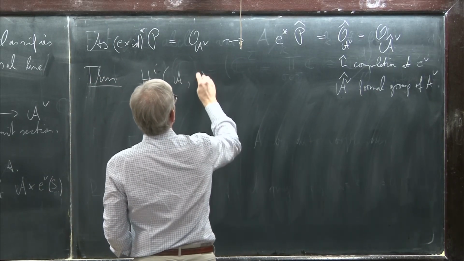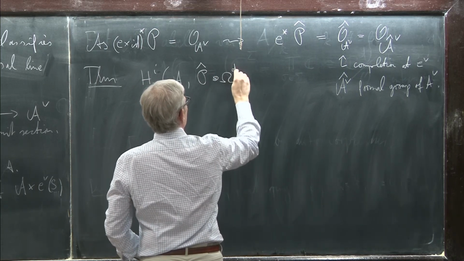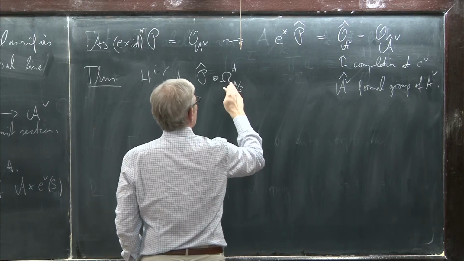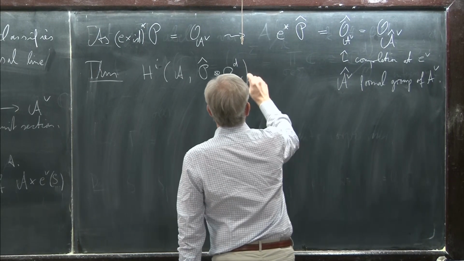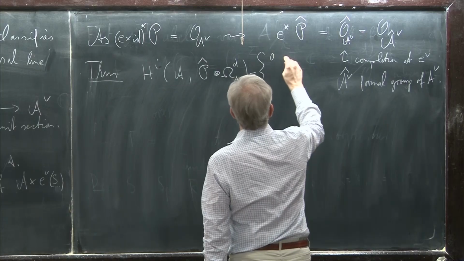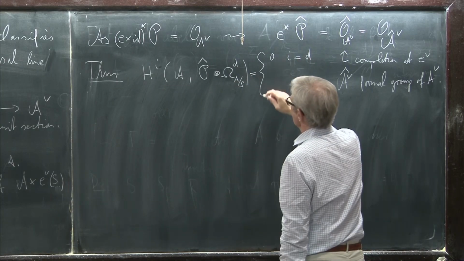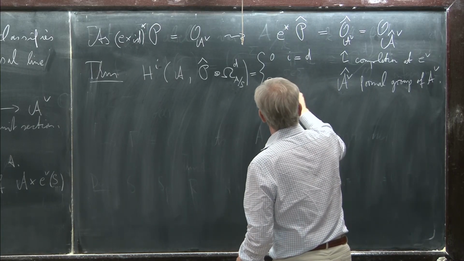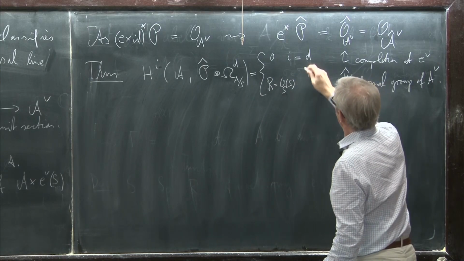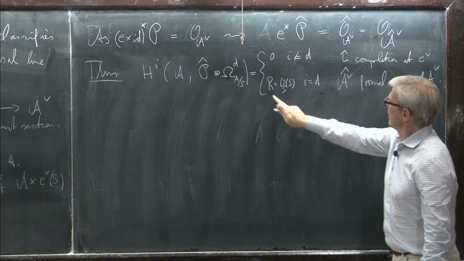So if I compute the cohomology of that, here I have to make everything canonical, I have to tensor here with these exterior powers, the D differential forms on A over S. And then I can compute this, and this is 0 if I is not equal to D, and it is canonically isomorphic to R. Yeah, this is the global sections of S for I not D, and if I is D, then it is this R we started with.